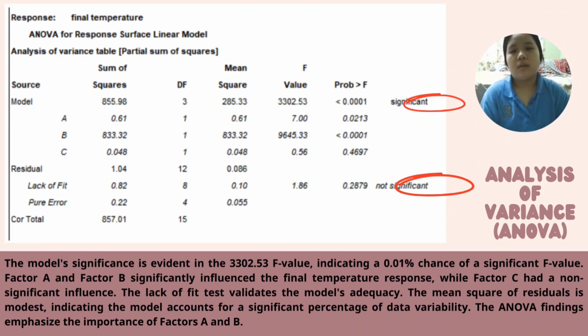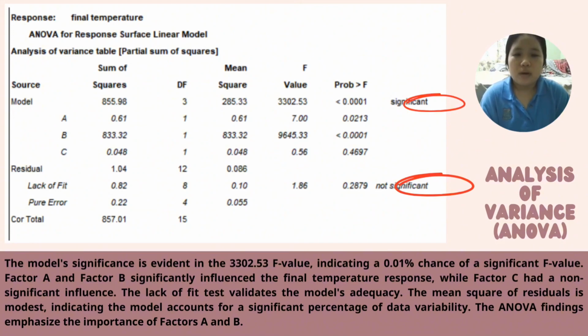The model significance is evidenced by the F-value of 3302.53, indicating only a 0.1% chance that such an F-value could occur due to noise. Factor A and factor B significantly influence the final temperature response, while factor C has a non-significant influence. The lack of fit test validates the model's accuracy.